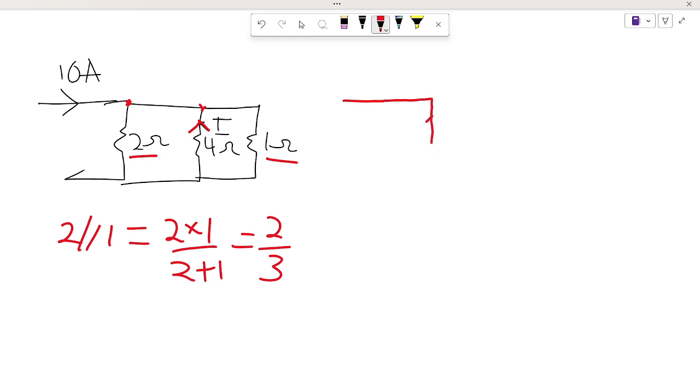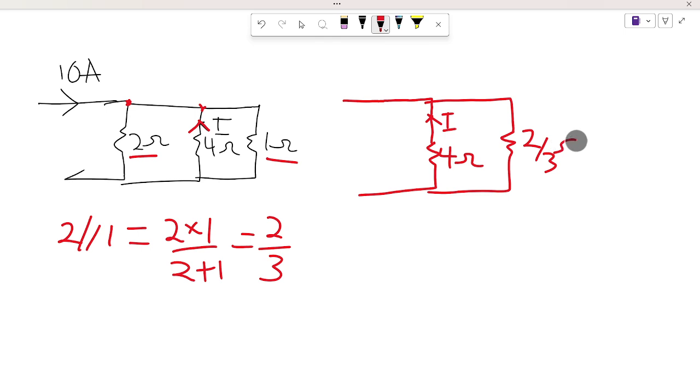We have our I still here. We have our 4 ohm, and we have our reduced resistance, the parallel ones, to be 2 over 3 here. So in this case, now we know that the division is just going to happen at this point.